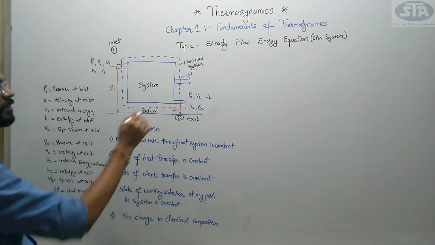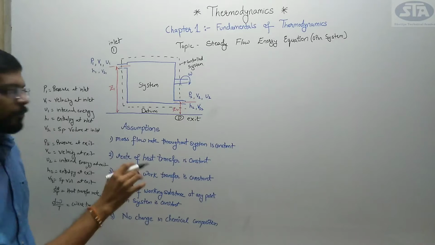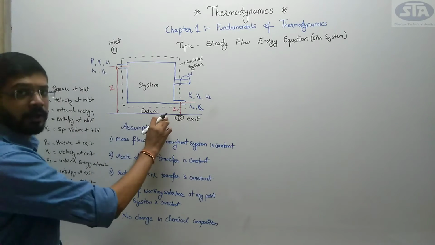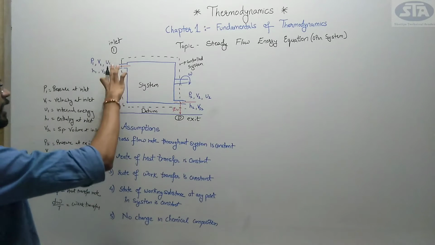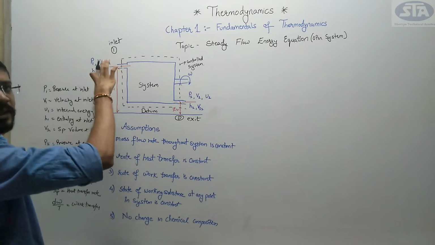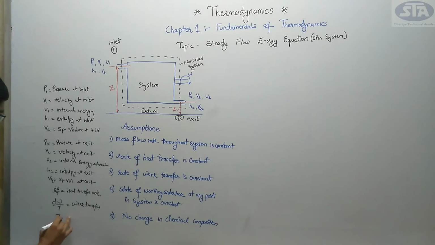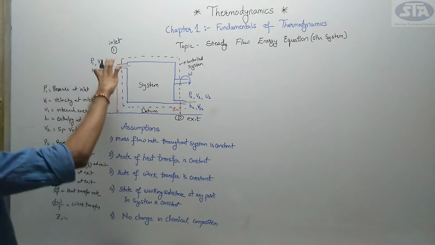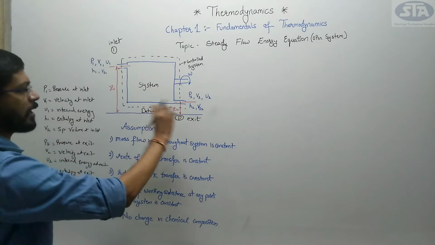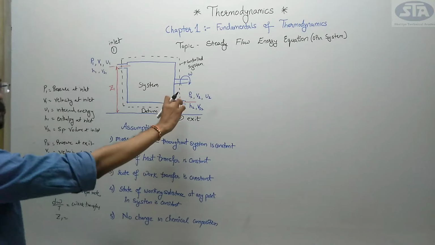Here Z1 and Z2 are the height from the datum, means consider this is the ground level. So my inlet point is at Z1 distance, means at some height, that is Z1, and my exit point is at Z2. So Z1 is the height at inlet, right? And my Z2 is the height at outlet.